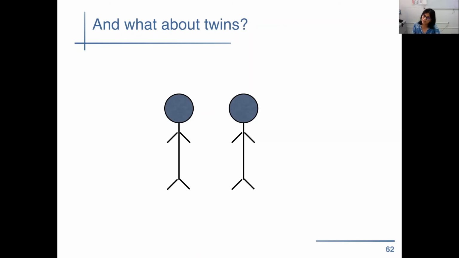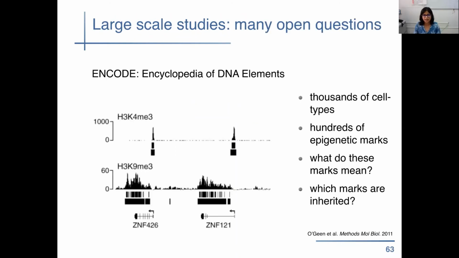So how can we learn from this and decide what kind of bigger problems we can solve? People have been working on this for years now, and there's a big consortium called ENCODE, the Encyclopedia of DNA Elements, and they have mapped out many different types of modifications in different kinds of cell types.